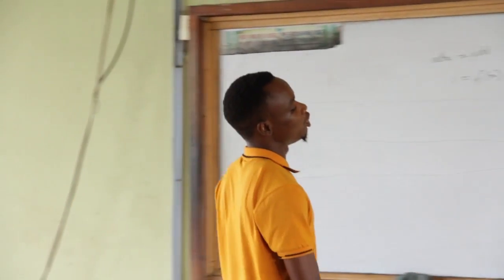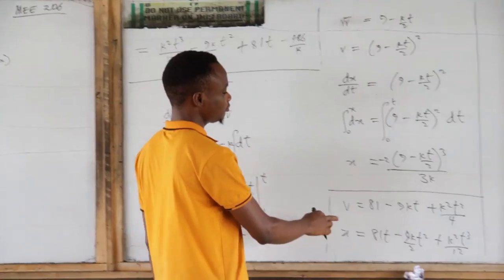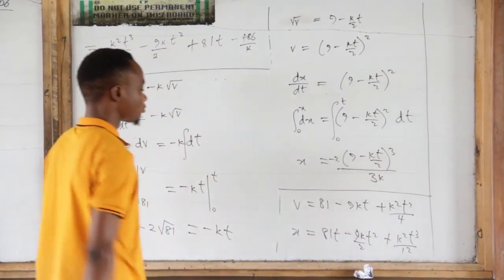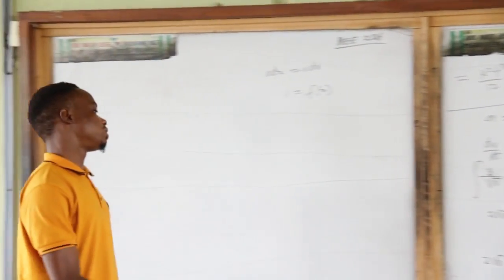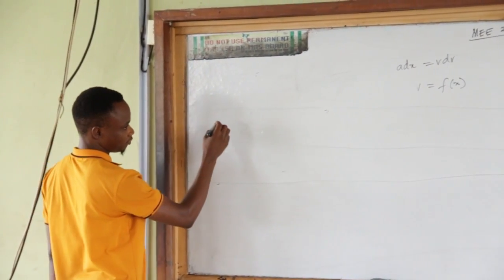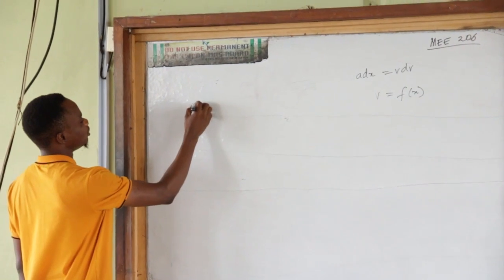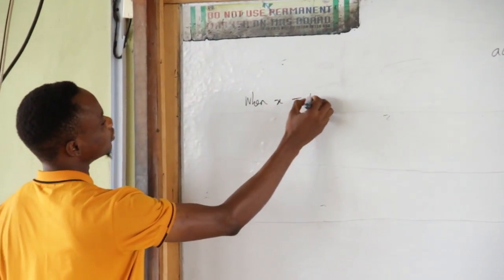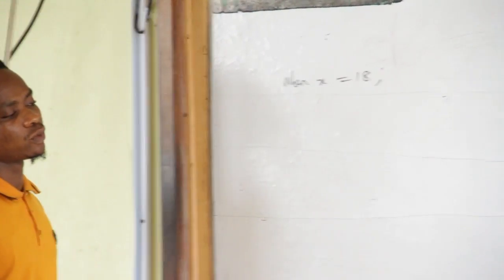So, if you go here now, please listen. If you come here, what is going to be the time at which this will be? Please listen very well. So we say when x equal to 18, what is going to happen when x equal to 18?